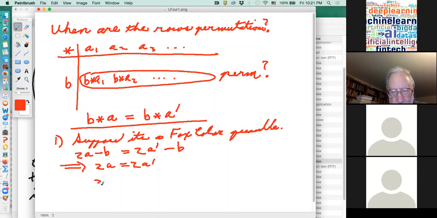So it implies that 2 times (A minus A prime) is equal to 0. If these are equal, then 2 times the difference between them will be equal to 0. So, moral.